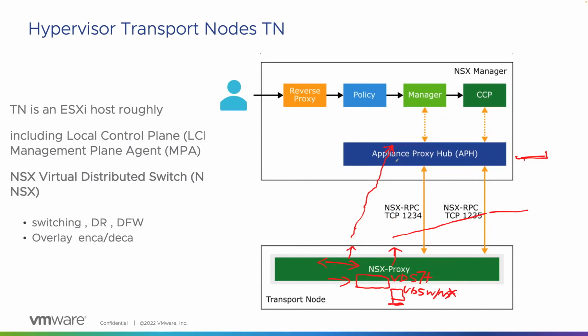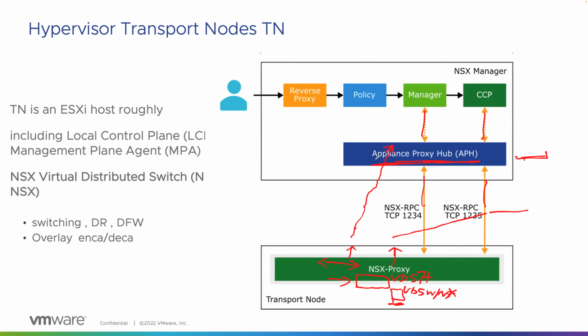Sometimes, if you take the exam, you might see this word, APH, the application proxy hub. I think that describes the same thing. As I mentioned, there are two communication channels, one for management plane communication and one for control plane communication.